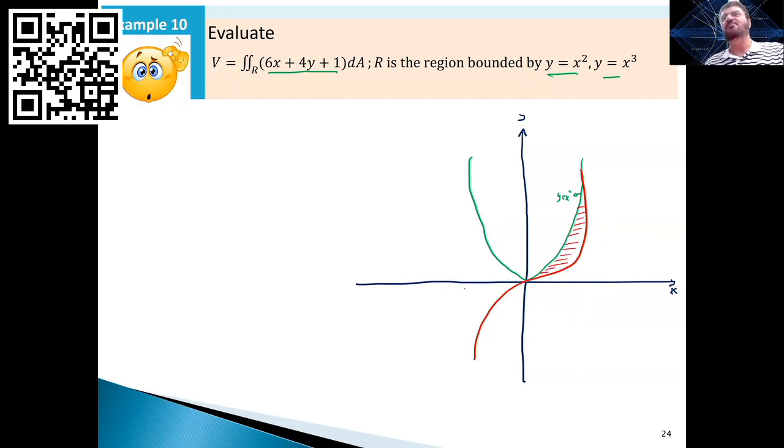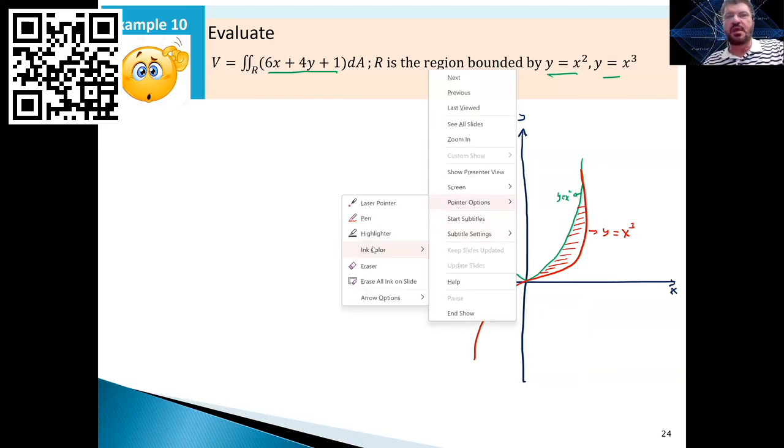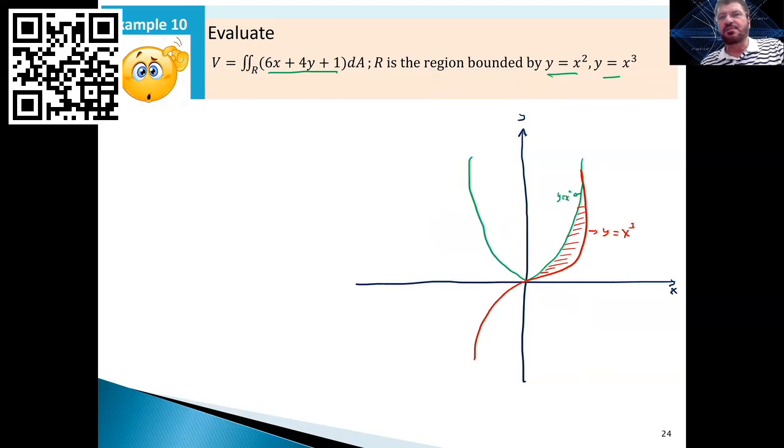My region is bounded by these two curves. So this one is y equal x cubed. Now it's up to you to take a region of type 1 or region of type 2. Let's make it type 1. So what I'm going to do is take a vertical line.